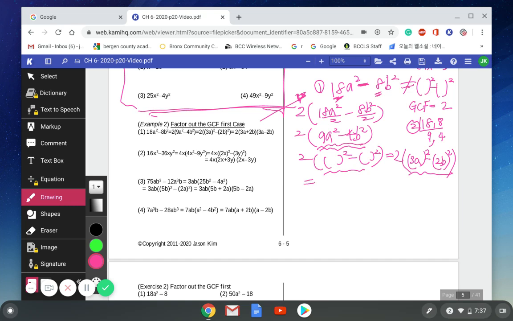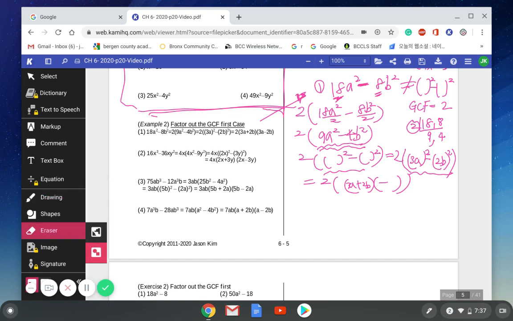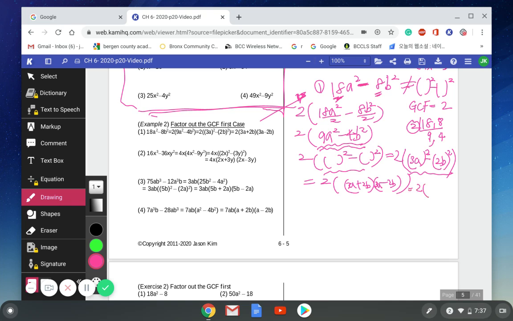If you can do that, then it becomes a product of the addition and subtraction of two terms. The first term was 3a and the second 2b, so 3a plus 2b times 3a minus 2b. And if you want, you can just get rid of the outside parentheses.